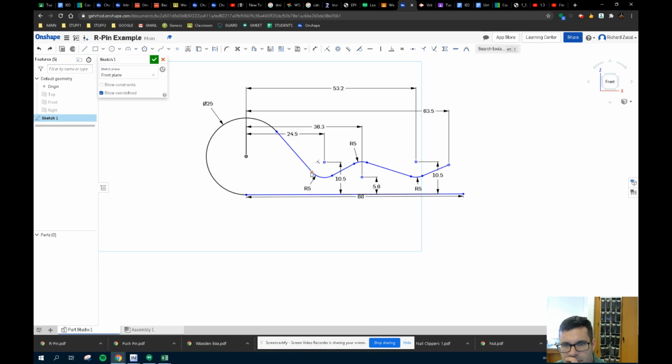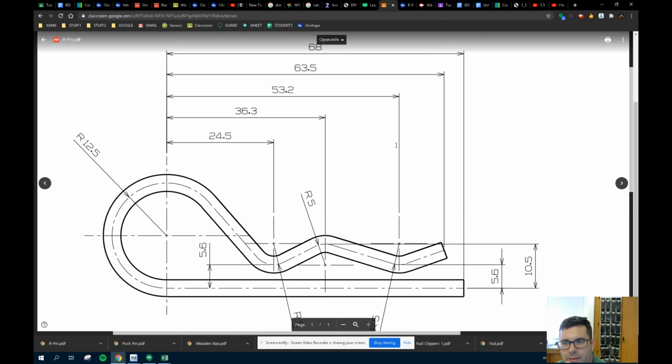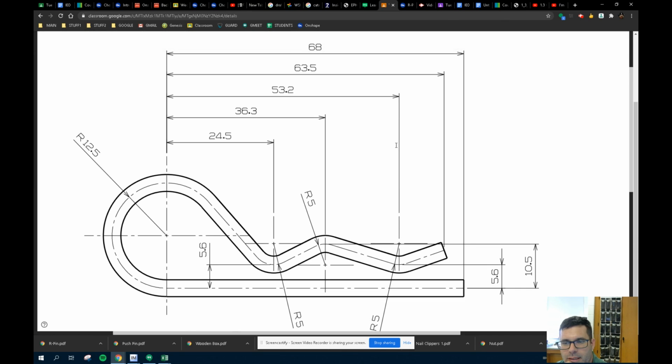Why is this not constrained? Well, if I say that this line needs to be horizontal, that was it. That constrains all that. And then this, I have the distance from there and I have there. Is there another measurement I can use with that one? Radius, the height of that.